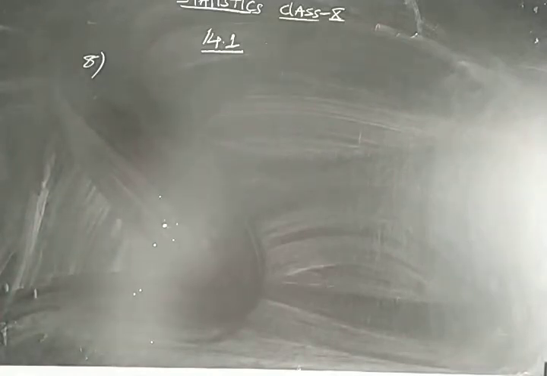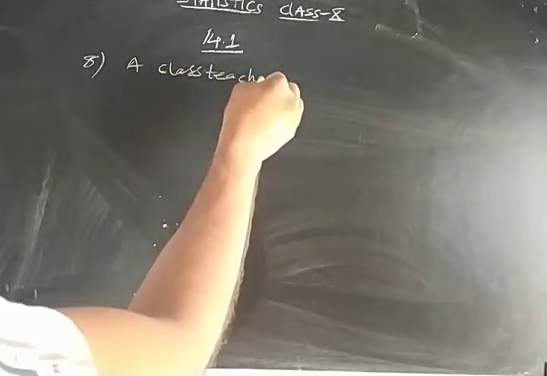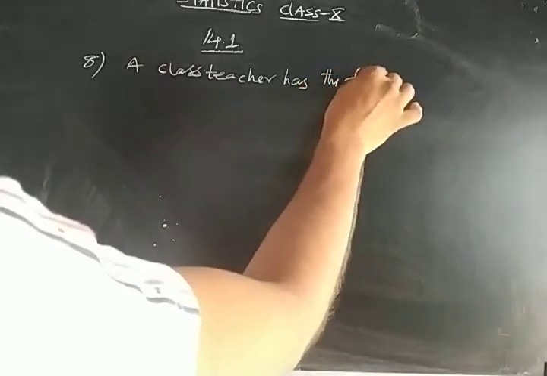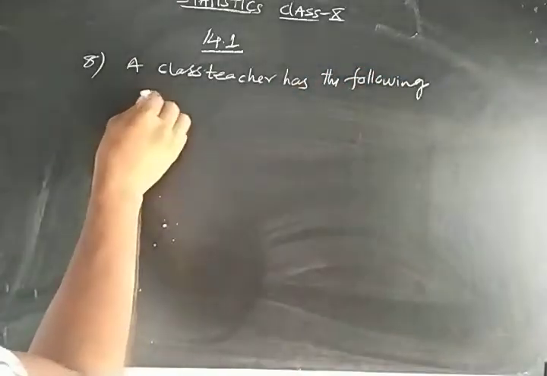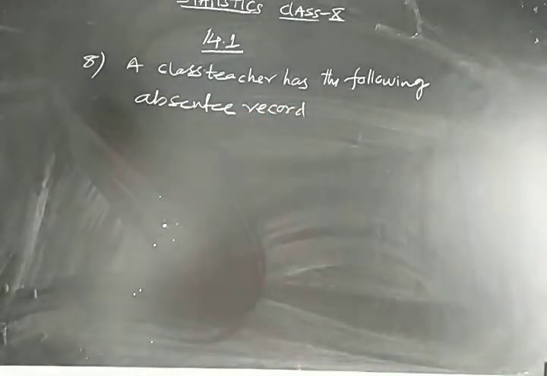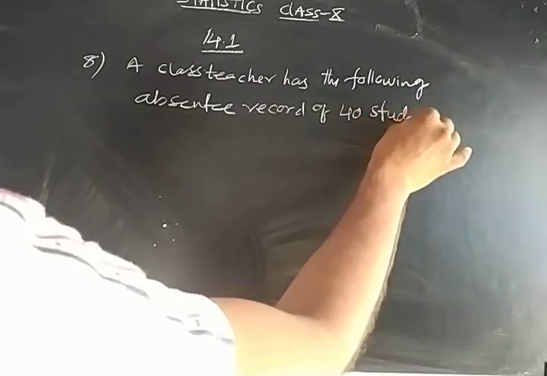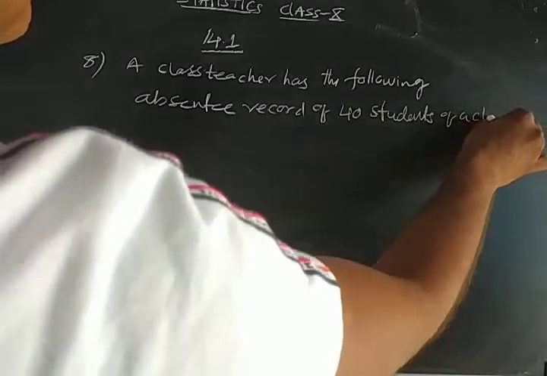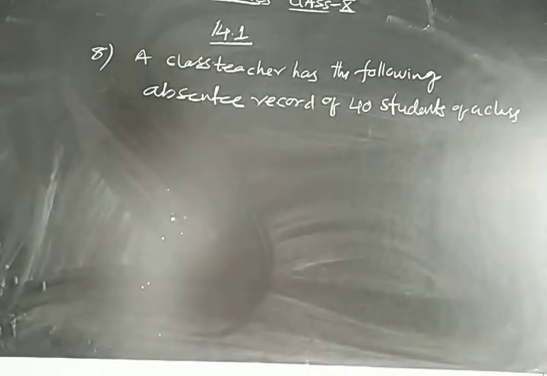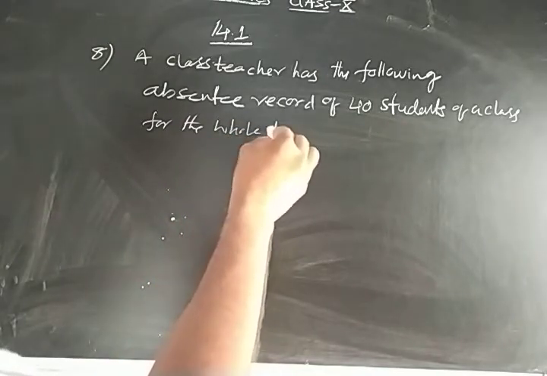A class teacher has the following absentee record of 40 students of a class for the whole term.